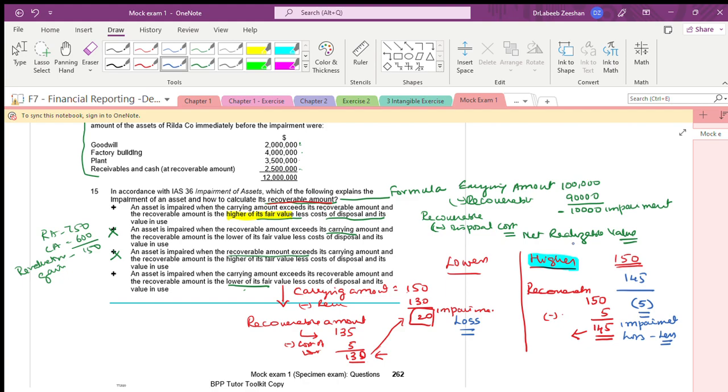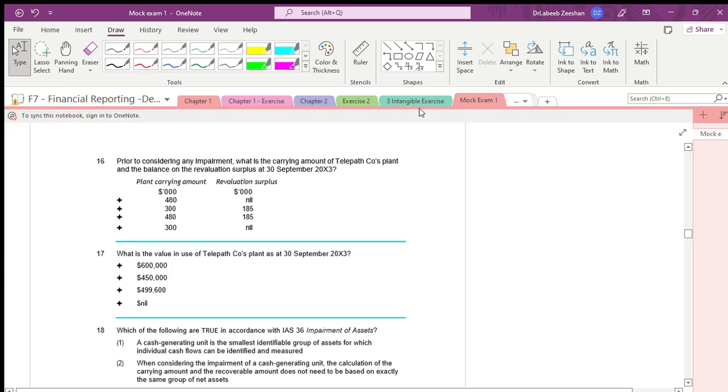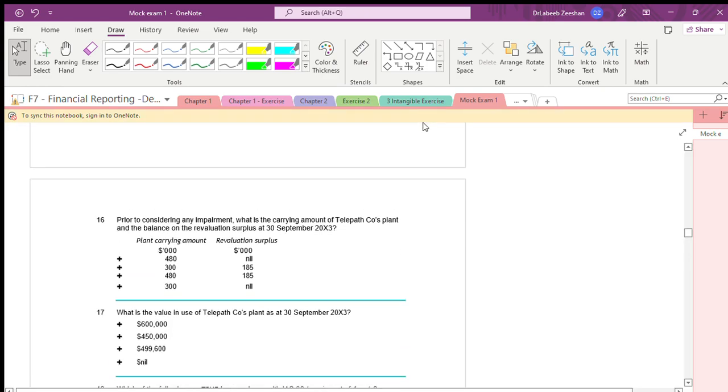Our objective is to make sure that impairment loss should be less. Is it okay? Yes, it's okay. We'll do another one and we'll stop here.